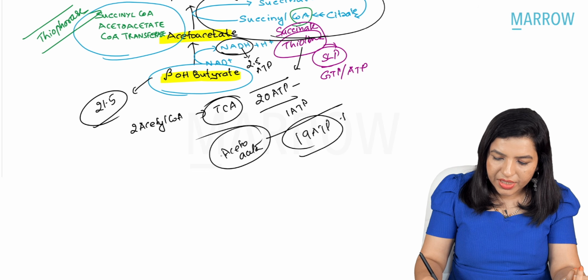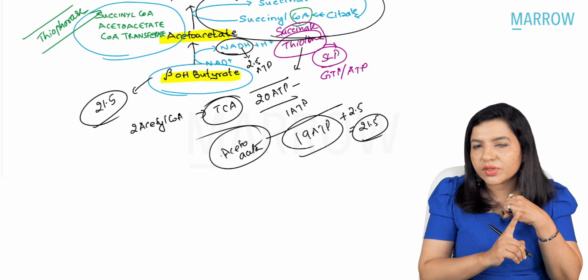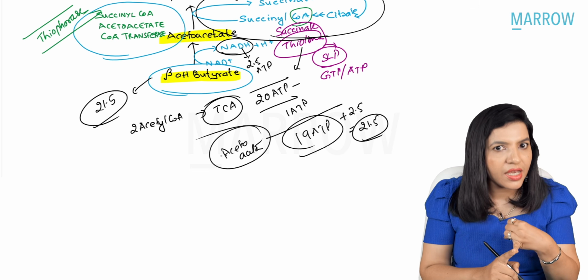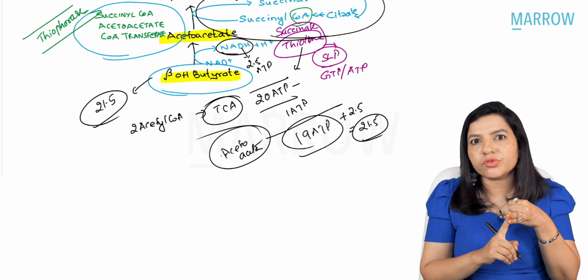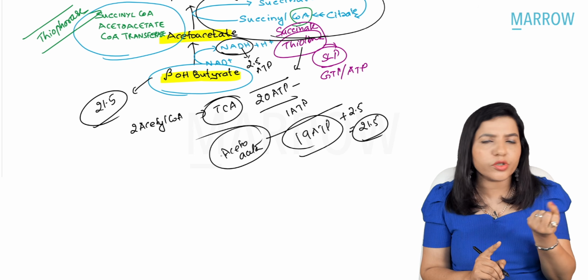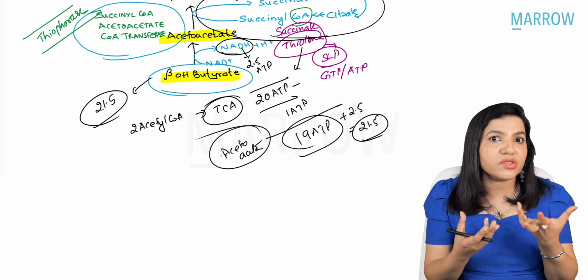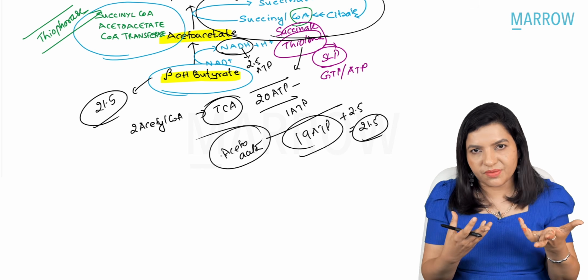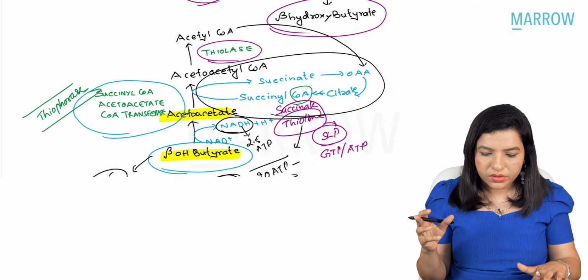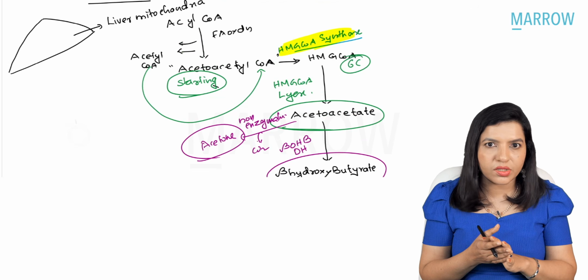So 19 plus 2.5 is 21.5. Okay. So from one acetoacetate we will get 19 ATPs, and from one beta hydroxybutyrate we will get 21.5 ATPs. So that is about ketone body utilization, and this is how ketone bodies can generate ATP. Okay. So that is about ketone body synthesis as well as utilization.